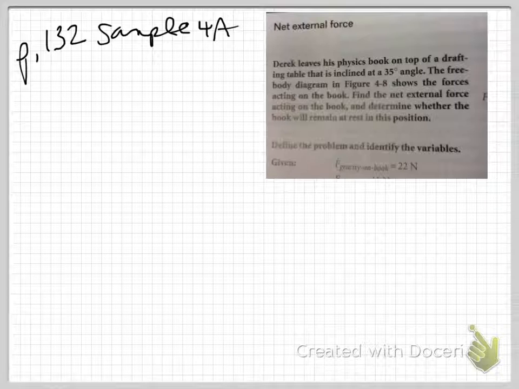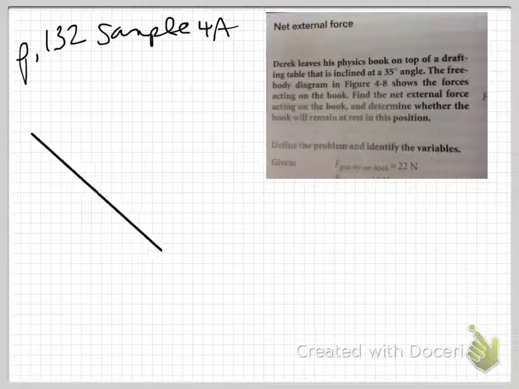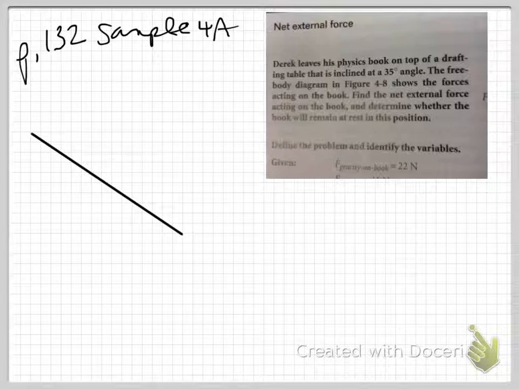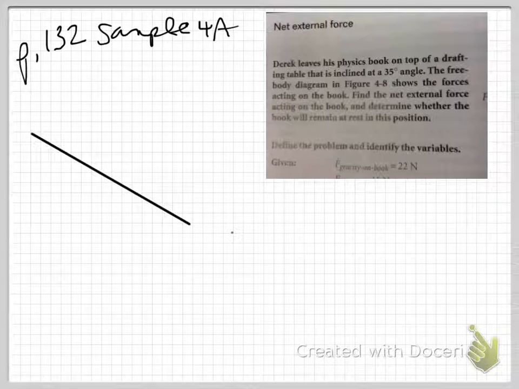So the first thing we're going to do is draw that drafting table. It's at a 35-degree angle, so let's see, that would be 45. I guess that would probably be close to, we'll say that's about 35. You can draw it in either direction, it does not matter.